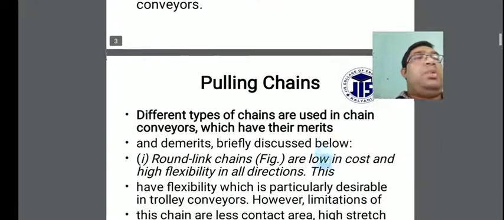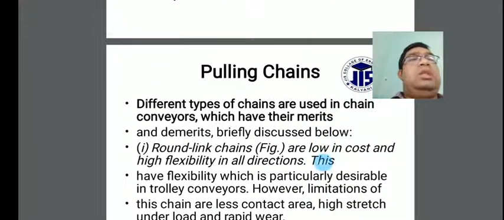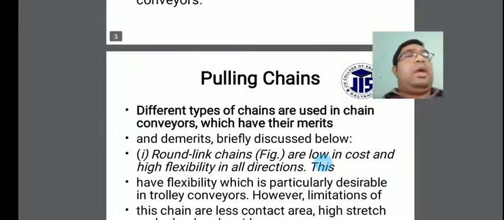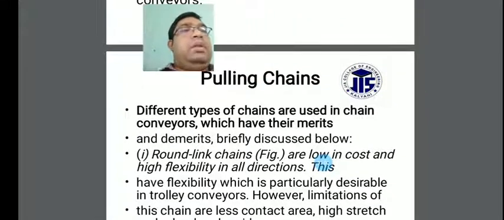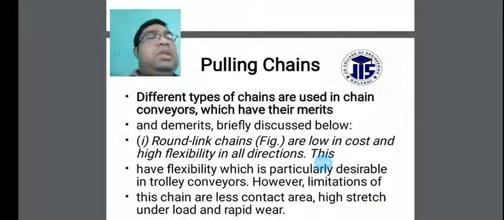First is the pulling chain. Different types of chains are used in chain conveyors, which have their merits and demerits, briefly discussed below. Sometimes you can see the round link chain, shown in figure number one.